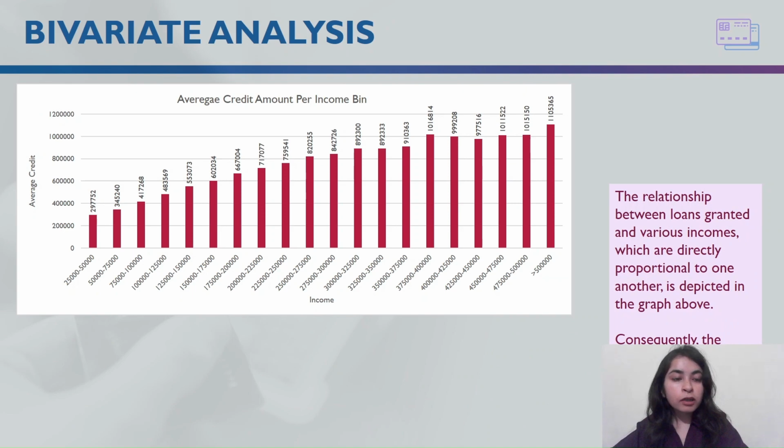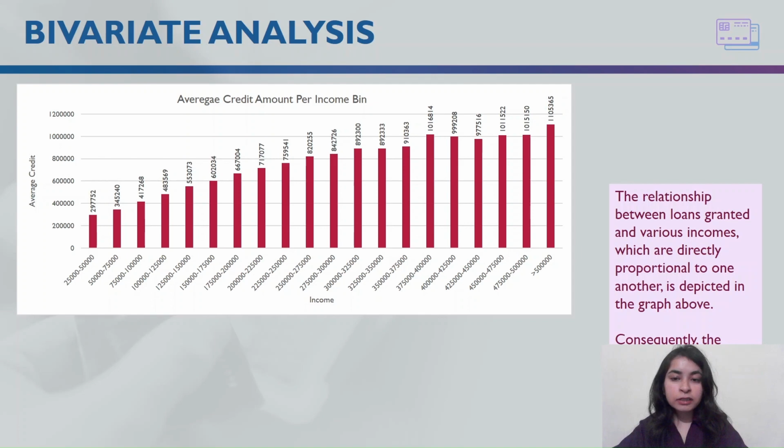Then if we talk about bivariate analysis, in bivariate analysis we take two variables at a time and set up a relationship between them. So in this particular example, we have taken average credit and income as two variables and set the relationship between them.